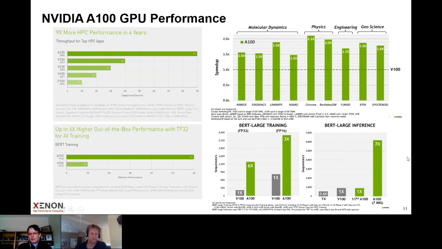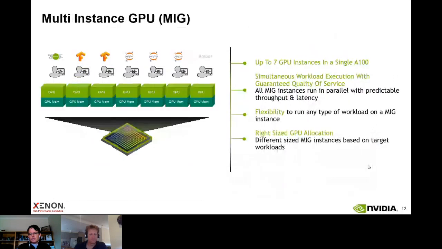And that's also shown here on the bottom right when just measuring the sequences per second for the BERT models in both training and inference. The speedups compared to the V100s are in the order of 3x to 6x to 7x. And that's really impressive improvements.